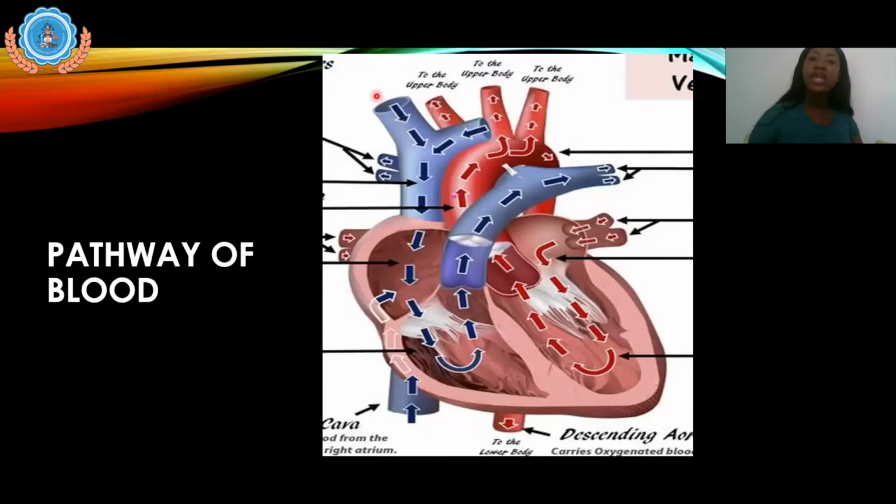It gets oxygenated, receives the oxygen that it lacks, comes around, passes through the pulmonary vein into the left atrium, comes down into the left ventricle, passes through the valve, which is the mitral valve, goes up into the aorta. Some goes to the upper body, and the rest goes down into the rest of our lower body, okay?